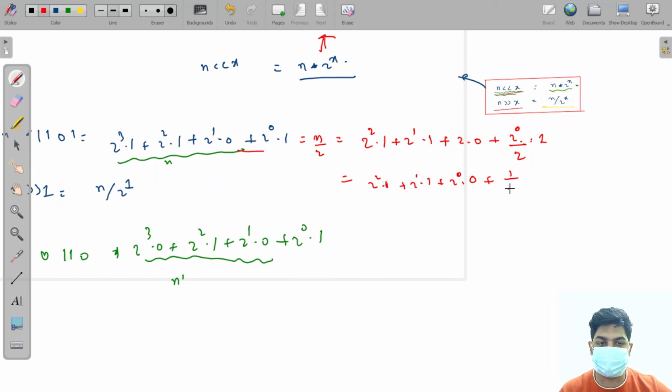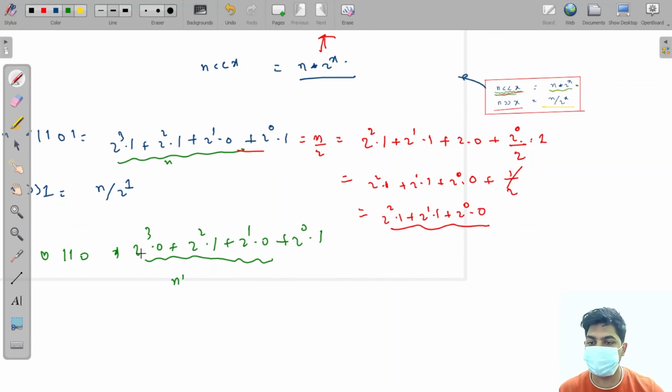We can simply write it as 1 by 2, which is 0 point something, so the decimal part can simply be dropped. So it will be 2 raised to power 2 into 1 plus 2 raised to power 1 into 1 plus 2 raised to power 0 into 0.